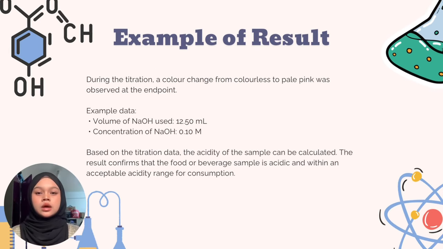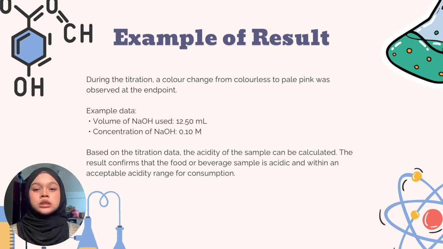Next, I'm going to talk about an example of results. During the titration, the color change from colorless to pale pink was observed at the endpoint. For example data, the volume of sodium hydroxide used was 12.5 ml, and the concentration of sodium hydroxide was 0.1 mol.